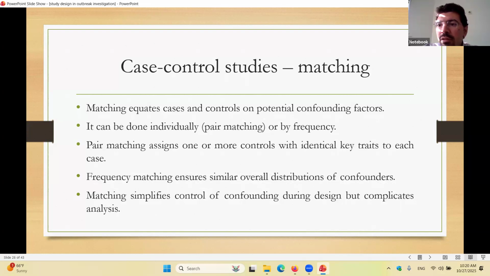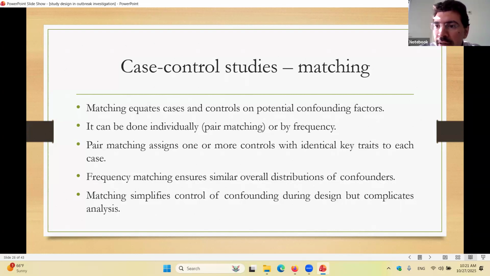Therefore, it is a multivariable model. And the association measure of each of them is attributable to the related variable. For example, when you add age and sex to the model, you control the association of exposure and outcome for the confounding effect of age and sex.